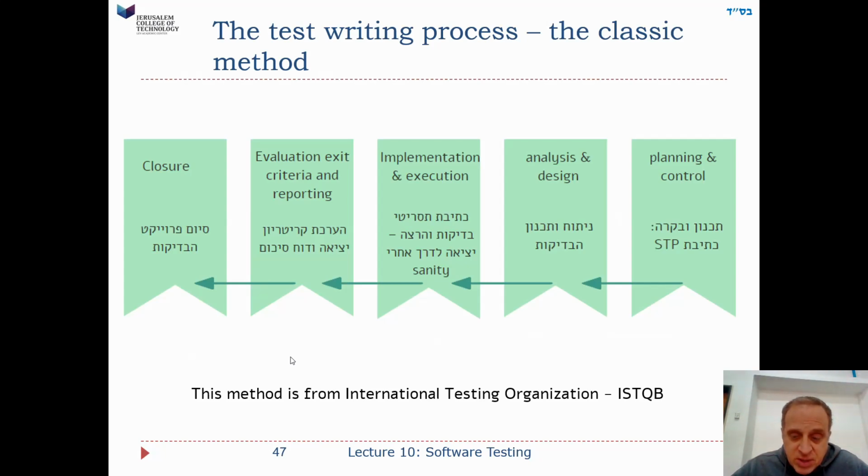There's a term here that's mentioned, sanity testing. I think we're going to talk about that later, but here it says, under implementation and execution, you do what's called sanity testing. Sanity testing sounds scary, like something insane. What we're talking about is that the program basically works in the normal case.